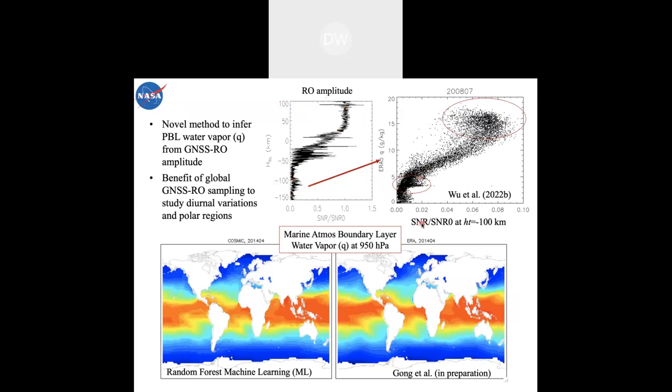So we wrote a paper about that, and we're working on another paper with this technique to get water vapor from roughly 400 meters above the surface. This is an impressive technique. We hope to get marine boundary layer water vapor in the future.